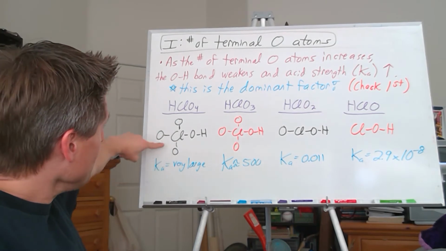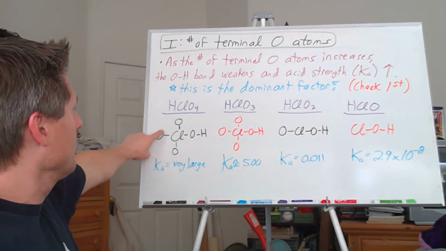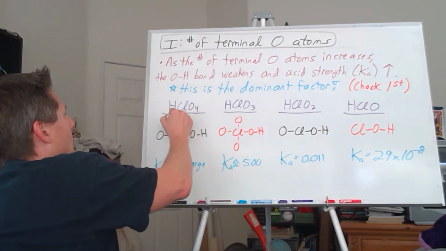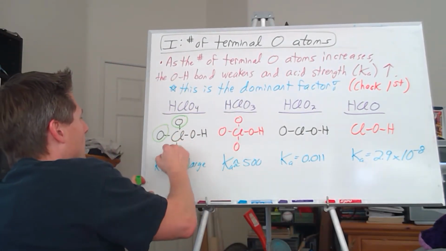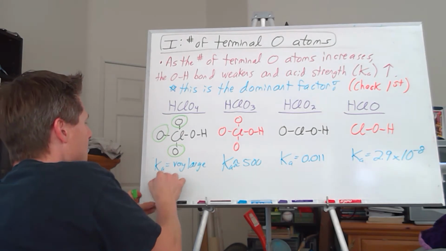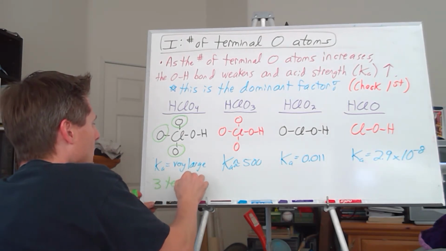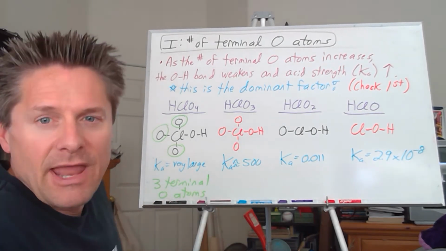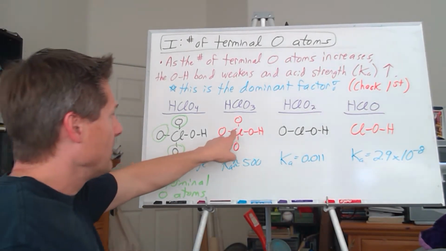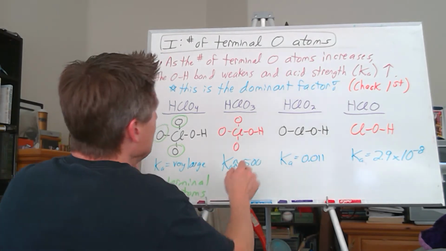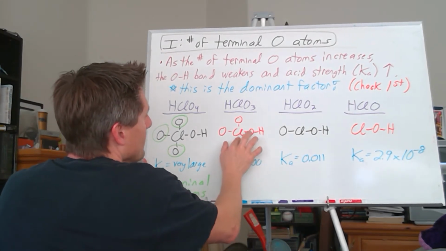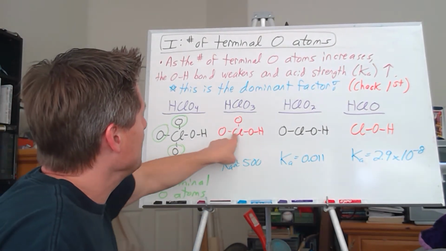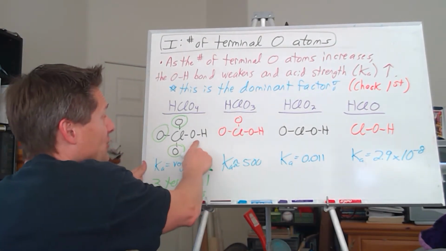Do you see these oxygens here, here, and here? Let me circle them. I'll do it in green. That one there, and that one there has 3 terminal oxygen atoms. That is 3. This one, oh, I did too many. That would have been the same molecule, right? So now we got HClO3. That's not a terminal oxygen, right?